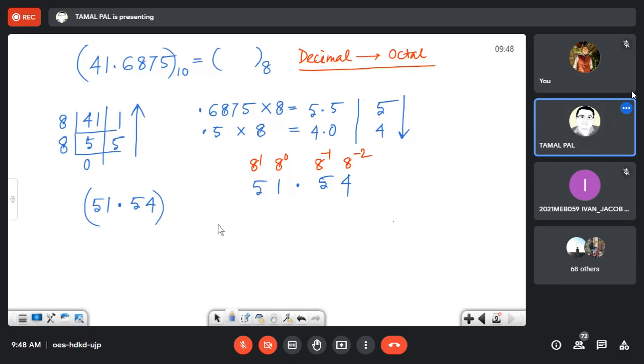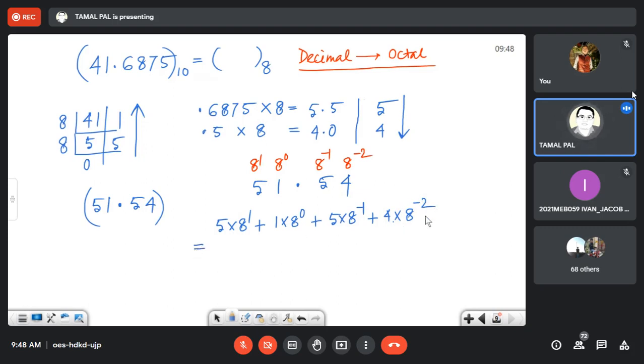So 5 into 8 to the power 1, plus 1 into 8 to the power 0, plus 5 into 8 to the power minus 1, plus 4 into 8 to the power minus 2.